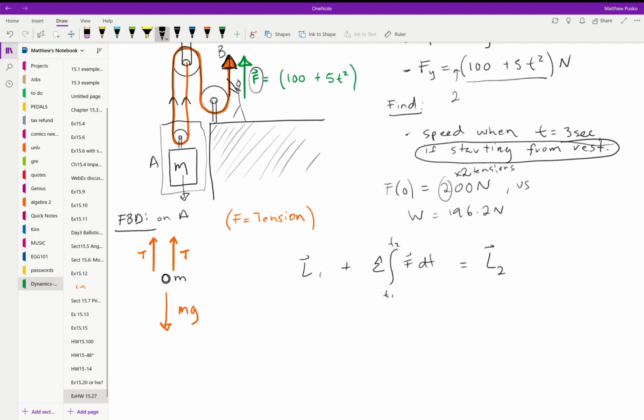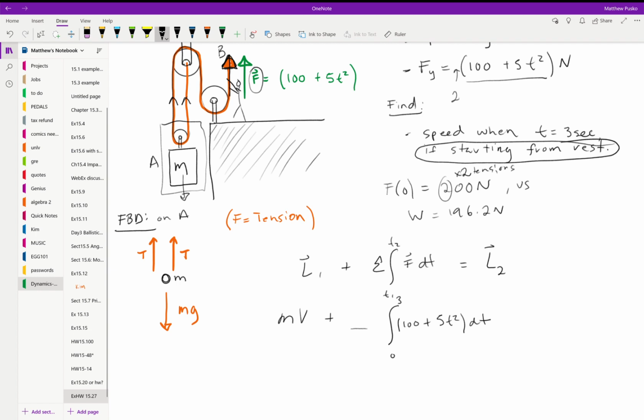We're just going to talk about the mass moving, so it would be m times the velocity of the mass plus, now I'm going to leave a blank right here. I'm going to go ahead and put in the impulse we're going to get from the force, and that's the 100 plus 5t squared newtons dt from 0 to 3 seconds.